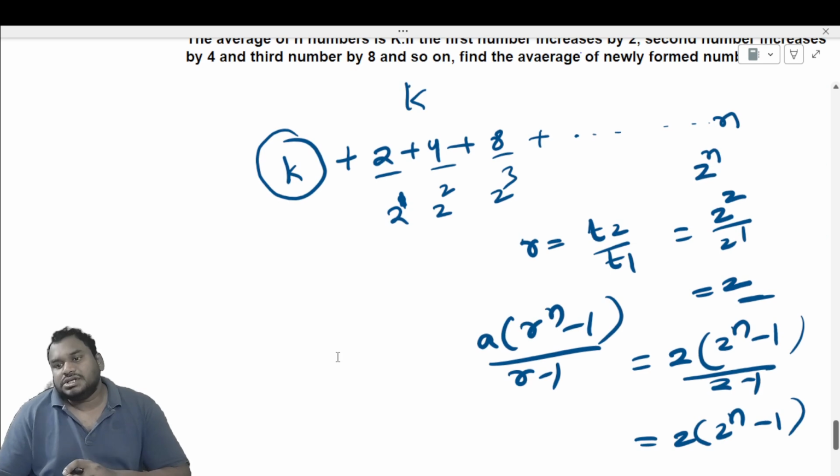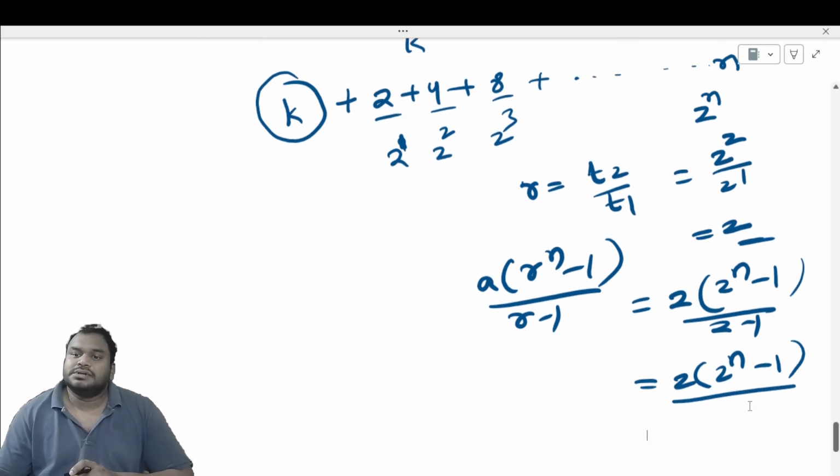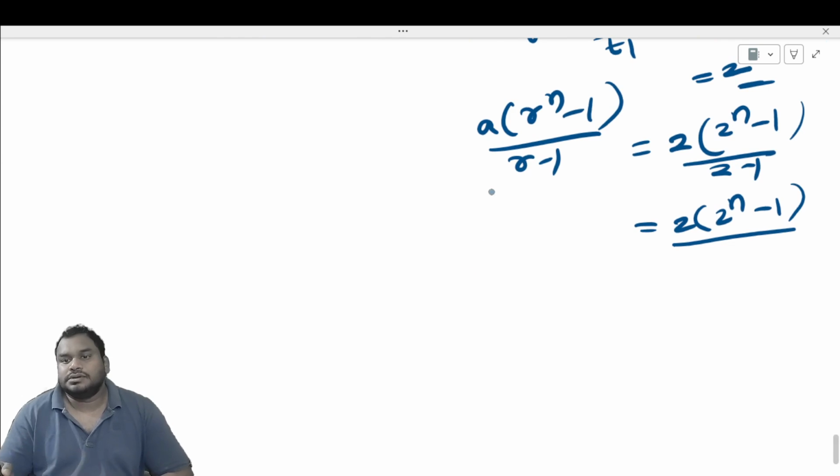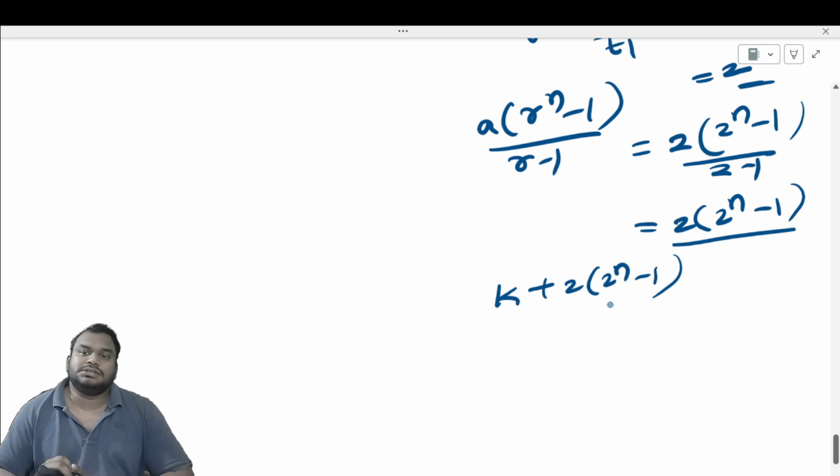So the average for the increased values is given as 2 into 2 power n minus 1. But the already existing average is k. So k plus 2 into 2 power n minus 1 is the answer. Okay, that is the answer.